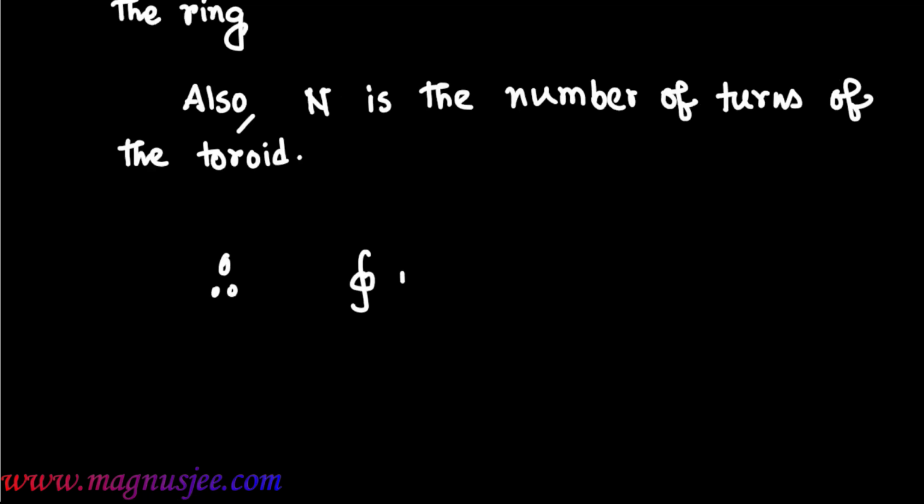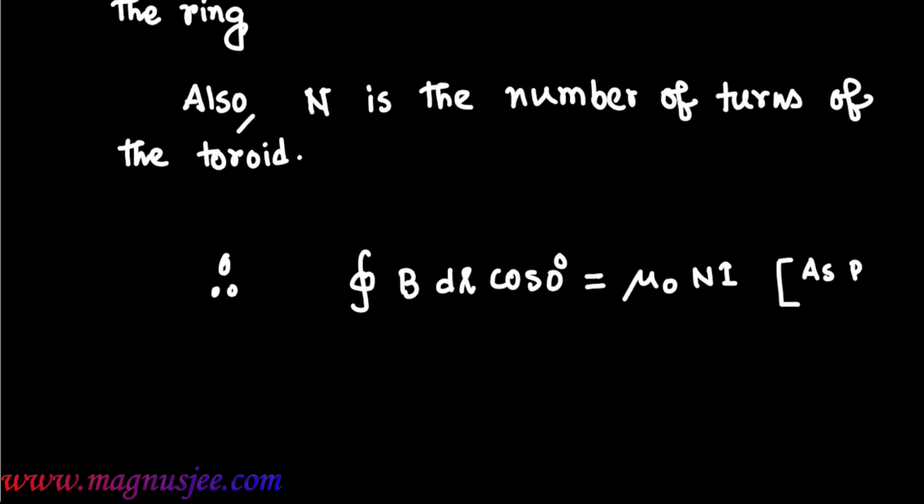Therefore, closed integration B dl cos 0 degree equals mu 0 N I, as vector B is parallel to vector dl, that's why theta equals 0 degree.